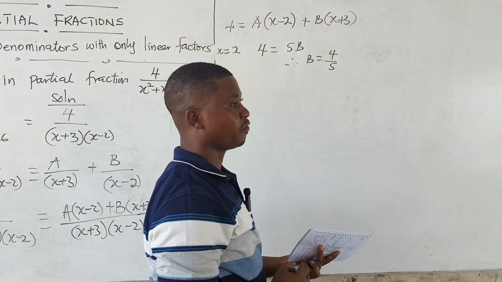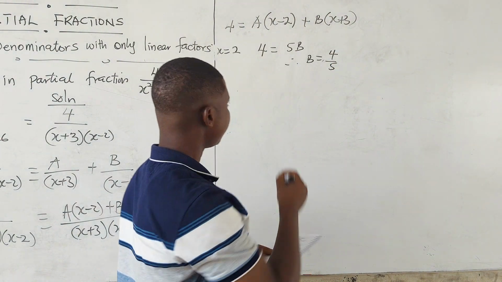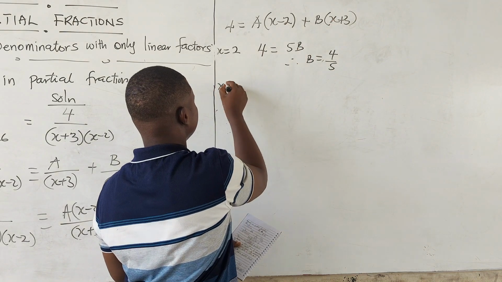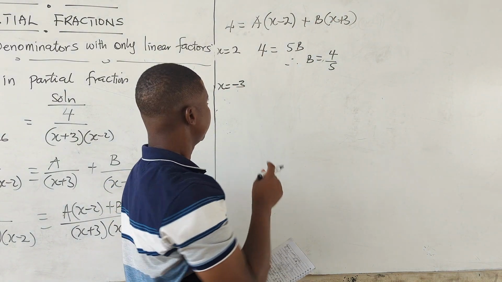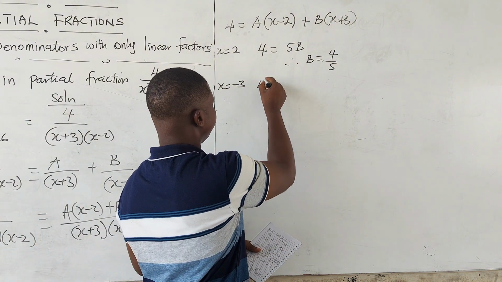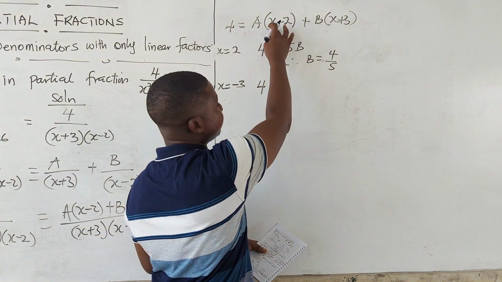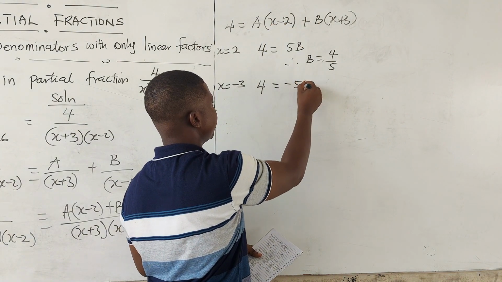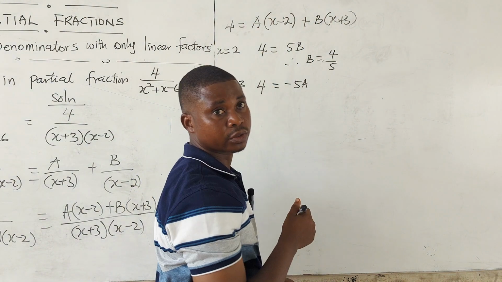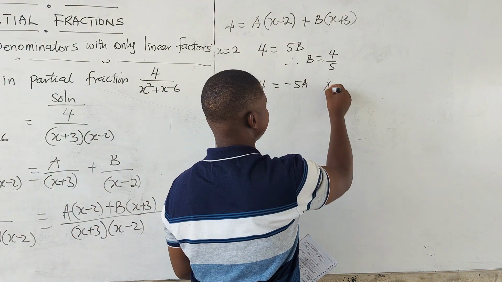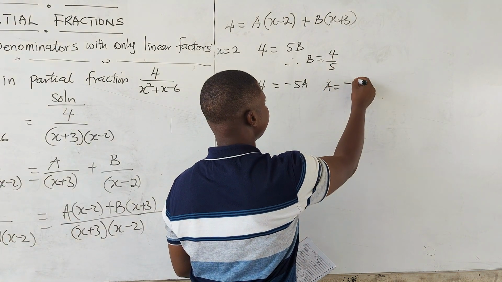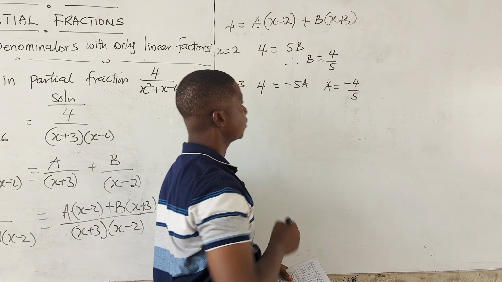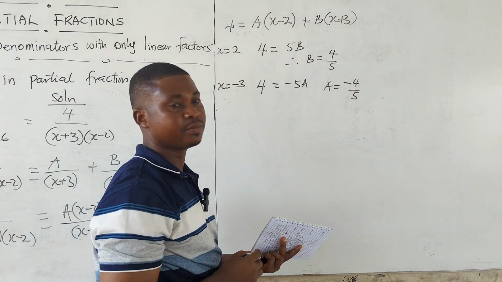Having B to be 4 on 5, we can also find A when x equals negative 3. So we have 4 is equal to negative 5A, and this one is gone. So A is negative 4 on 5. So we have A to be this and B to be that.